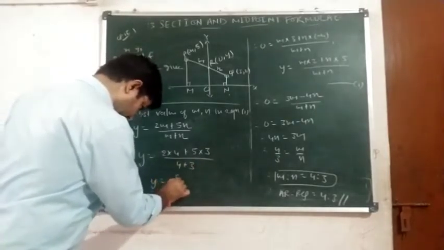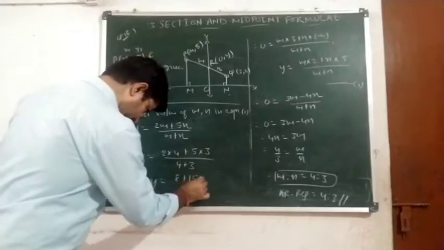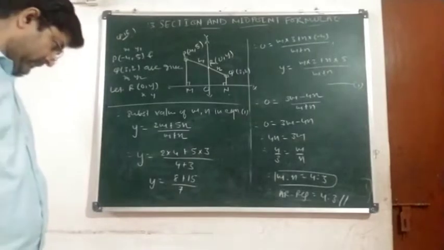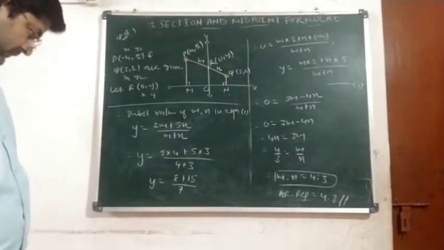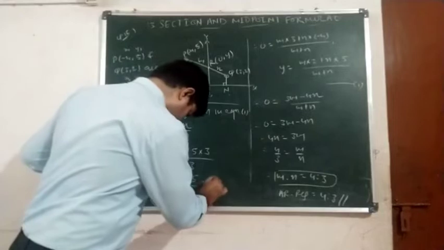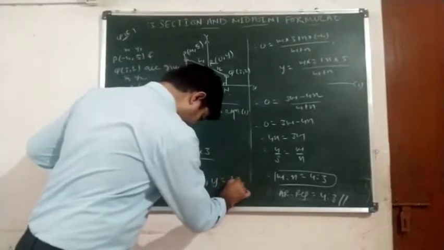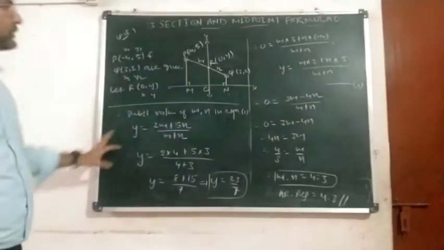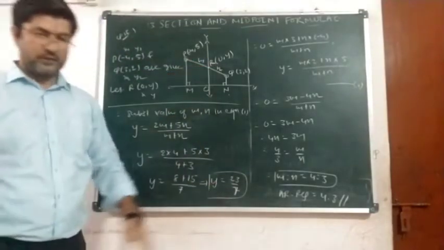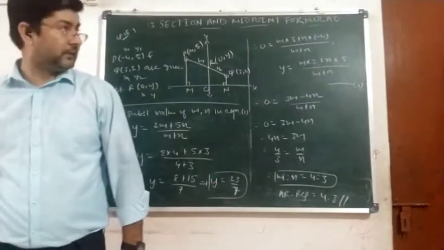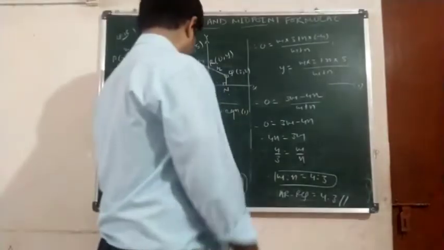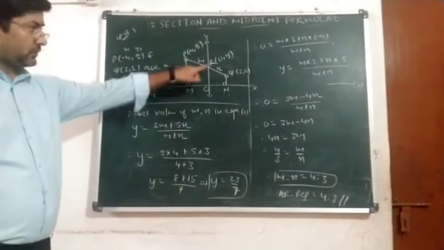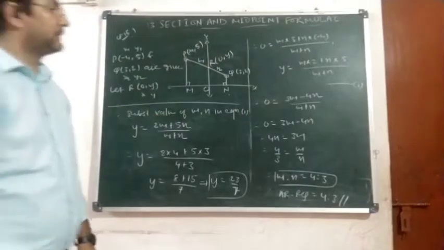Y is equal to (8 plus 15) by 7. Okay, and therefore y will be equal to 23 upon 7, and therefore the coordinates of point R will be 0, 23 upon 7. Is it clear? Okay, we got the coordinates of point R.